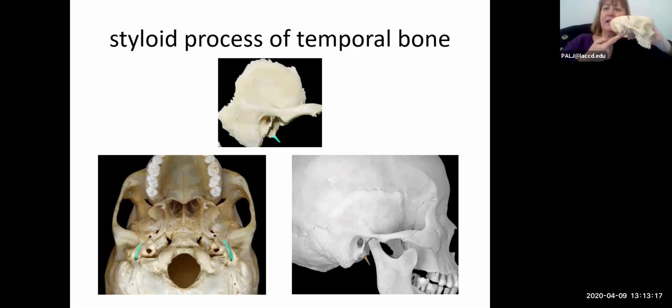And then right there, yes, I did find it with my finger. That is the styloid process and the mastoid process. So from the mastoid process, you go anterior, and you're just going to go a little bit towards the midline to find the styloid process.